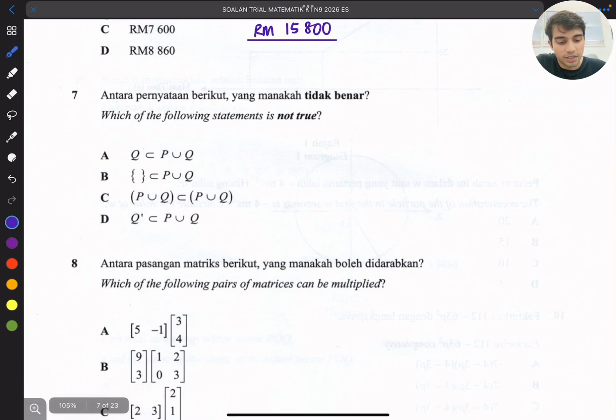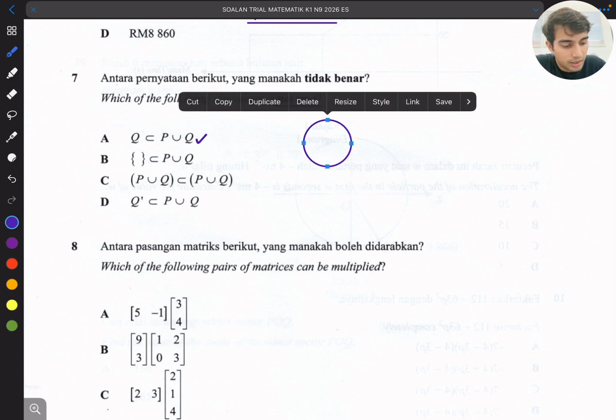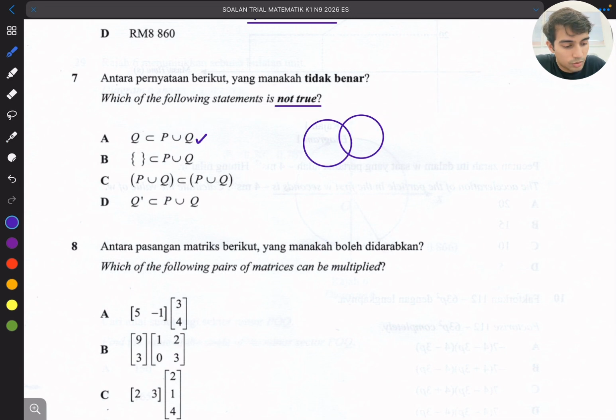Alright, question 7. Which of the following statements is not true? Okay, Q is a subset of P union Q. This is true, because let's say this is P and this is Q. P union Q is the whole thing.